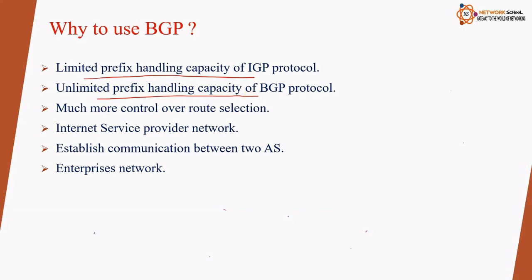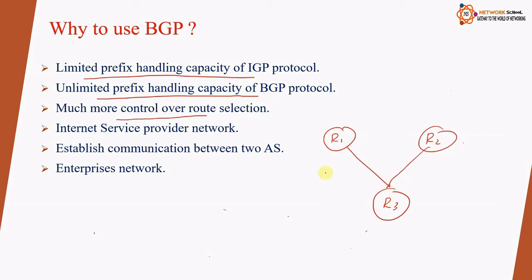We also have much more control over the route selection. Say for example, we have router 1, router 2, and router 3. These are all connected. This is my ISP 1, this is my ISP 2. I have a LAN network here, my LAN user.